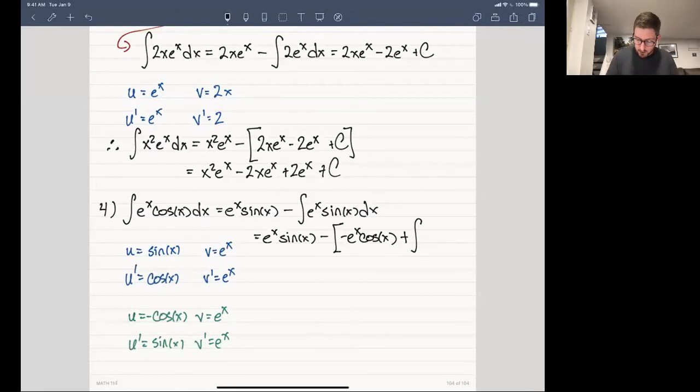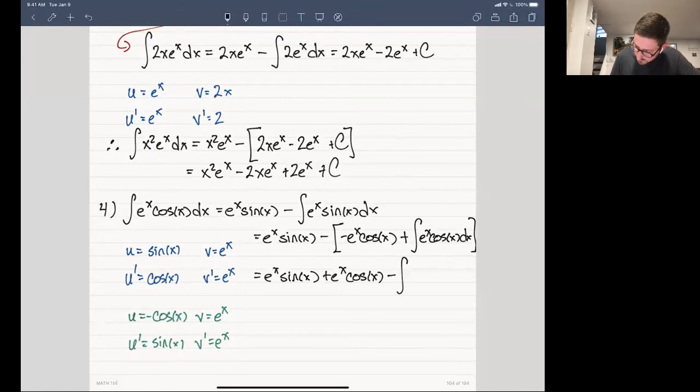So I'm going to make that a plus, and I get e to the x cos x dx. Okay, before we get too excited, let me expand it out. So I get e to the x sine x plus e to the x cos x minus the integral of e to the x cos x dx.